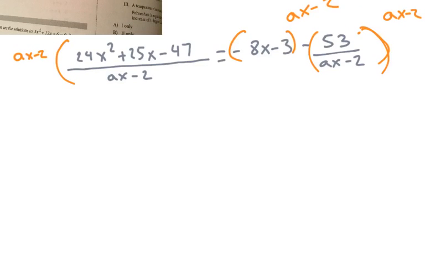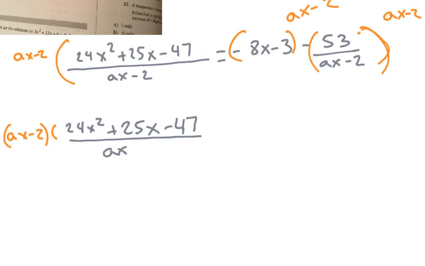So what's going to end up happening here is, I'm trying to write small, I'm going to get ax minus 2, quantity ax minus 2, times what I have in gray, 24x squared plus 25x minus 47, all over ax minus 2, equals, and then we have the same process going on here.